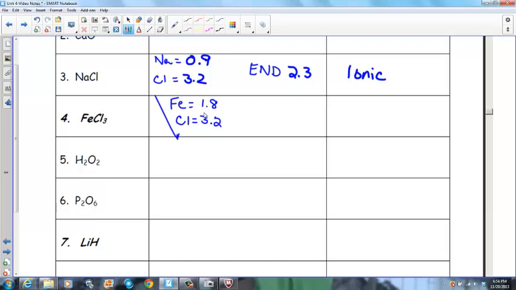Remember, metals have low electronegativity values, so they're going to be much smaller than nonmetals. And when we subtract these two numbers, we get 1.4, which, according to our rules, says that this is actually covalent. Okay, but it is an ionic compound.